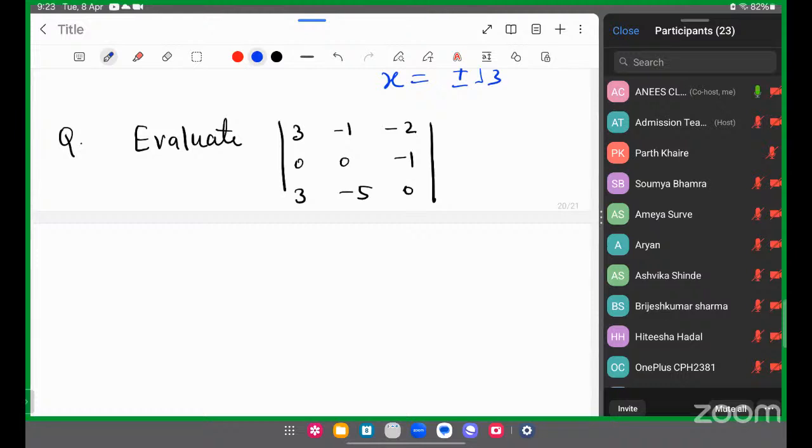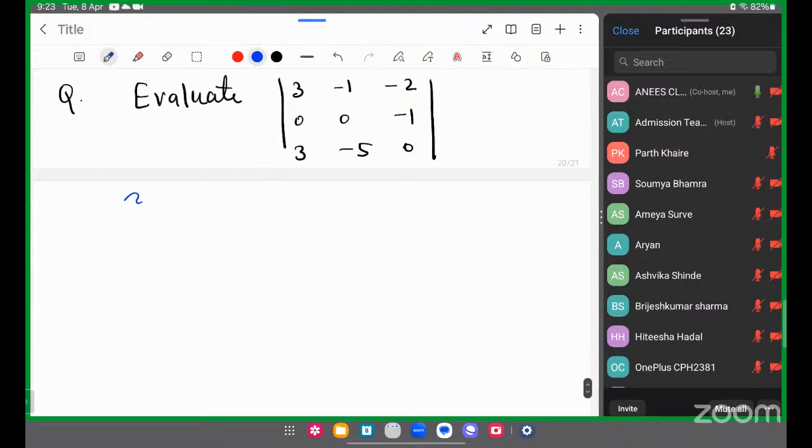So either we can go by direct expansion by any of the 3 rows or any of the 3 columns. But in this case, second row has 2 zeros and that row or column which has more number of zeros will give answer more rapidly. So we will expand this determinant according to R2.